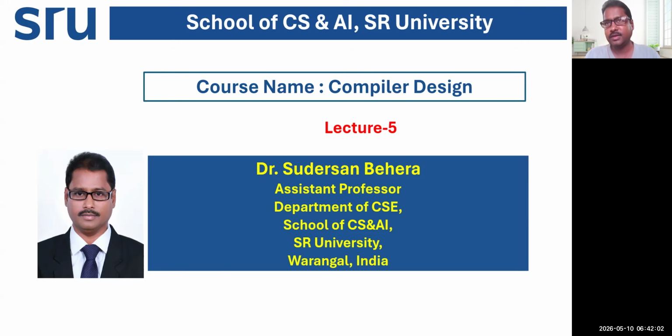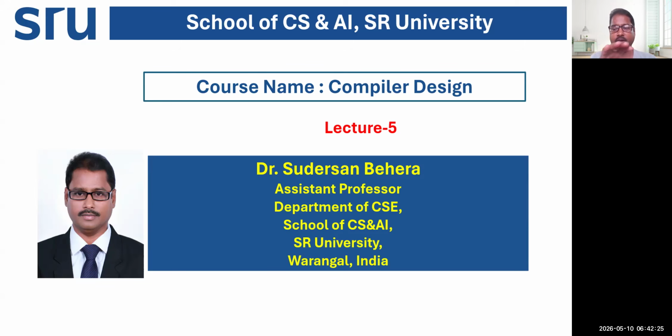Okay, and similarly, if the lexeme is 10, the corresponding token type will be integer constant. If it is 10.2, then the corresponding token type will be a real number or real constant.